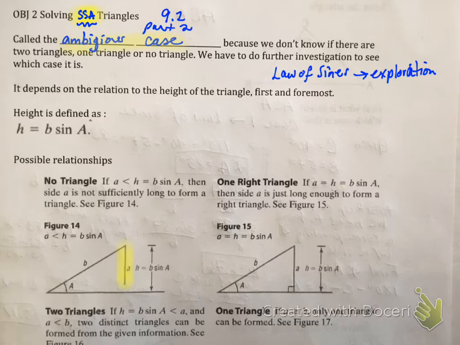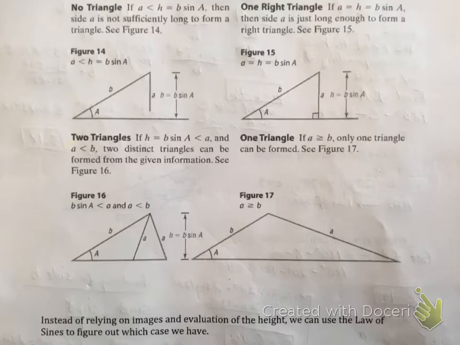That means we don't have a triangle. You can have one right triangle, and that's when side A is equal to your height. If that happens, you get this beautiful right triangle, and it's pretty easy to solve. There are two other cases to look at. You have two triangles, and I'm going to go over this because it makes sense: when we use the law of sines, you're going to see that you have two angles, an angle and its supplement.